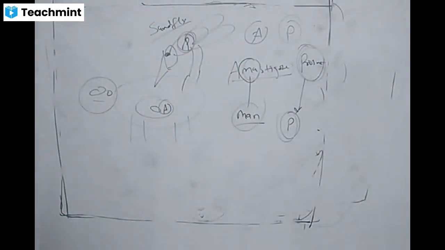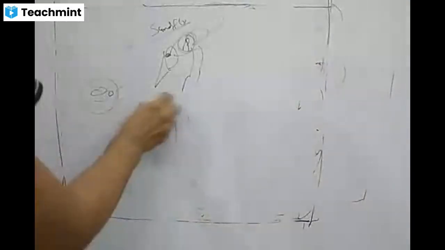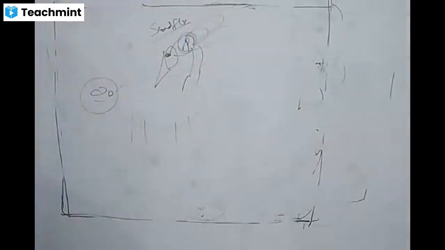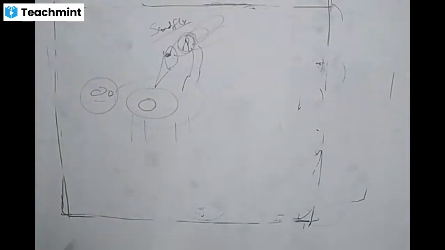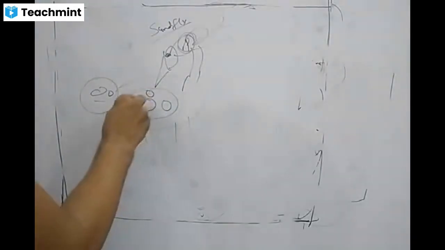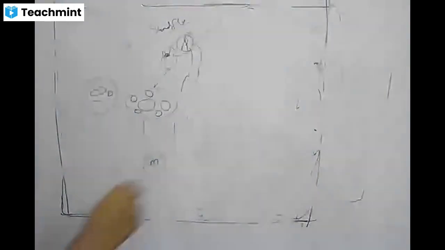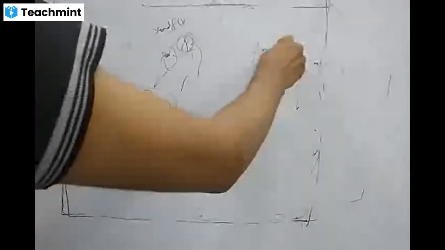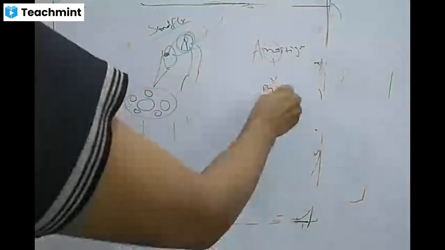So when for the first time, suppose this phlebotomous is sterile, it is not infected, and this is your host. Inside the host you have blood, and inside the blood we have macrophages. The amastigote form, MA, is present in man.